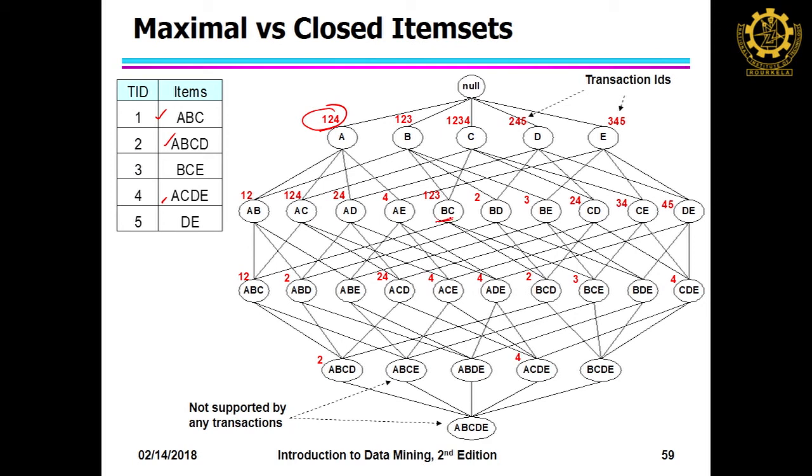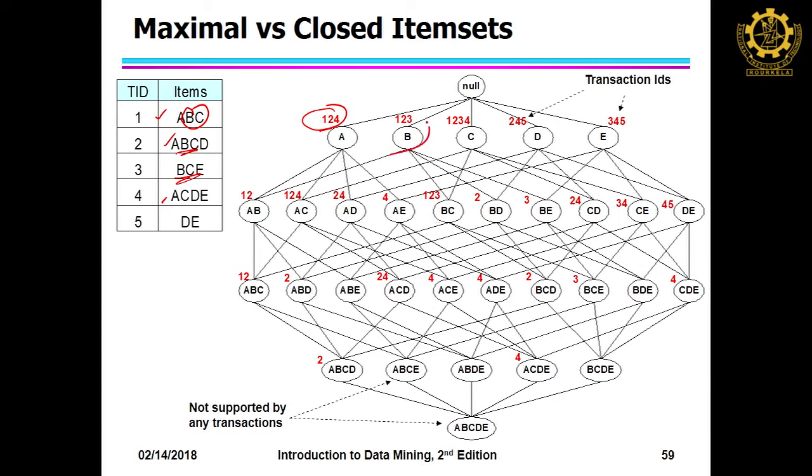Similarly, BC appears together in transactions 1, 2 and 3. So, its corresponding support is 3. Now, you find from here which one will be the closed and which one will be the maximal frequent item set.